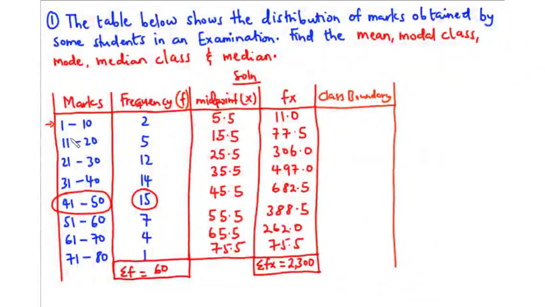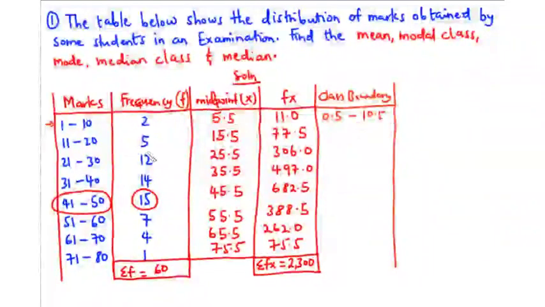Now we subtract 0.5 from the lower limit and add 0.5 to the upper limit. 1 minus 0.5 is 0.5, and then 10 plus 0.5 is 10.5.